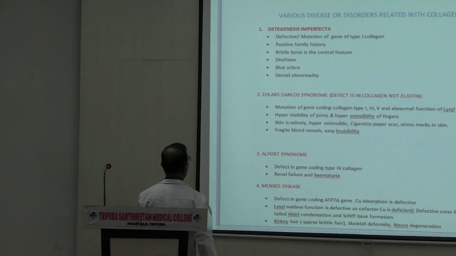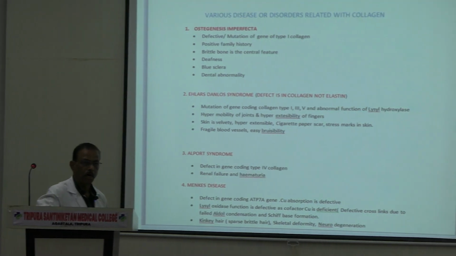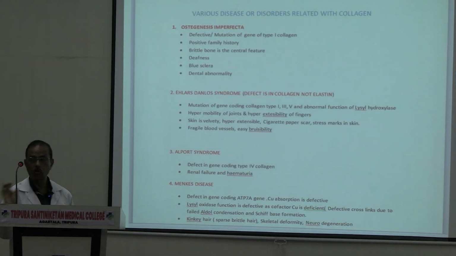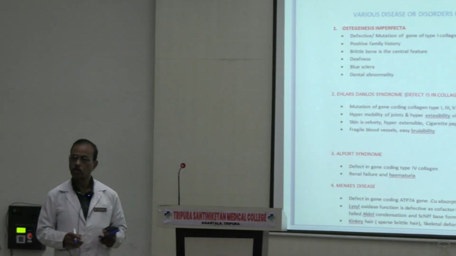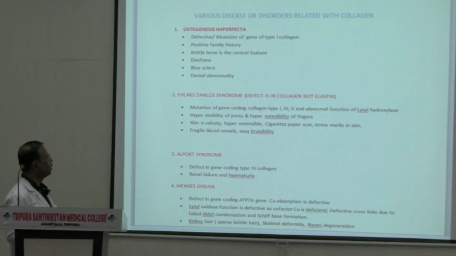Okay, it is characterized by, as it is a genetic disorder, gene mutation is there. So there will be a family history. There is positive family history of similar defect or illness. Now it is characterized by brittle bone.